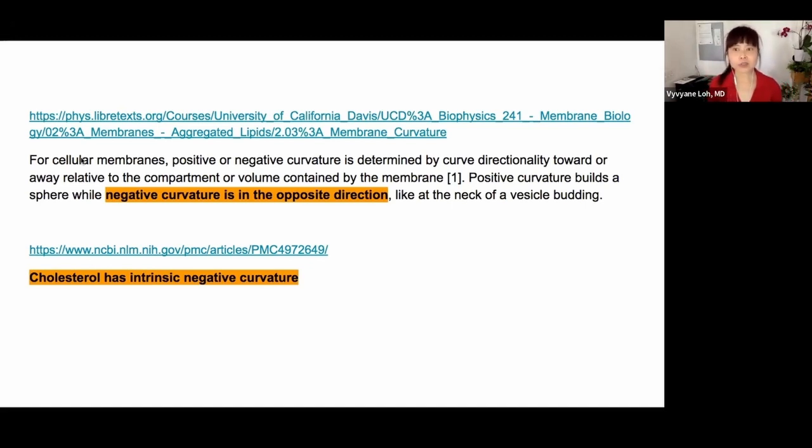So positive curvature builds a sphere, while negative curvature is in the opposite direction, like at the neck of a vesicle budding. That's interesting. And it turns out that cholesterol has intrinsic negative curvature. So it's actually kind of anti-spherical.